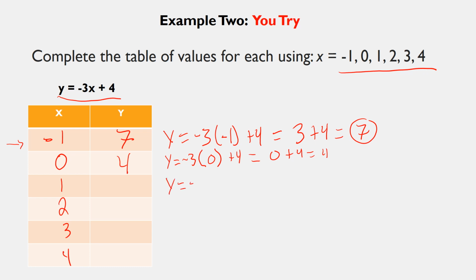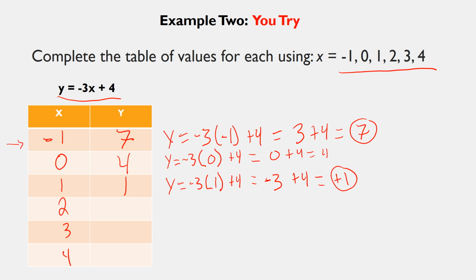Y equals -3 times, and this x value is 1, plus 4 equals, well, -3 times 1 is -3 plus 4. Now we know from our unit 8 on integers that if we have 3 negatives and 4 positives, we're simply left with just 1. So we have 1 now.